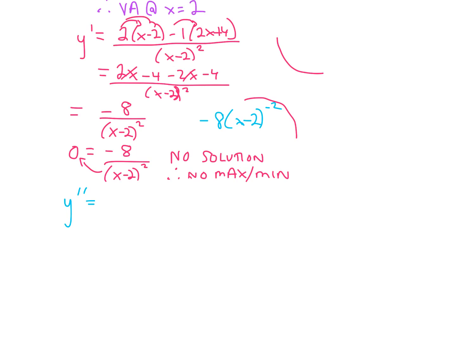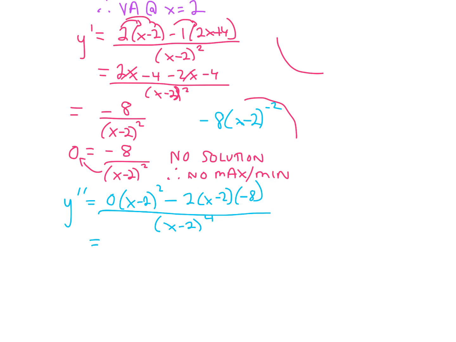So the derivative of the top is 0, and then I'm going to multiply that by the bottom. Now I'm going to subtract the derivative of the bottom and multiply it by the top. On the bottom, I'm going to square my square, so I'm going to now have x minus 2 to the exponent 4.